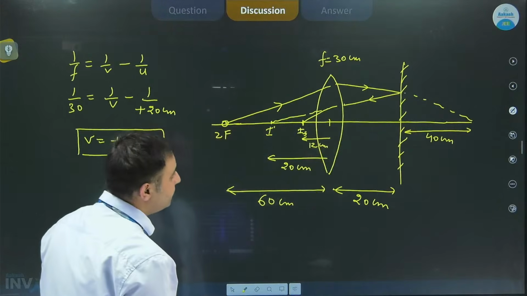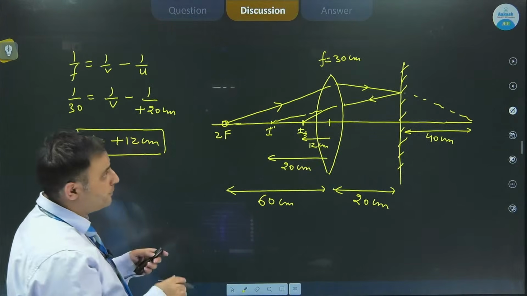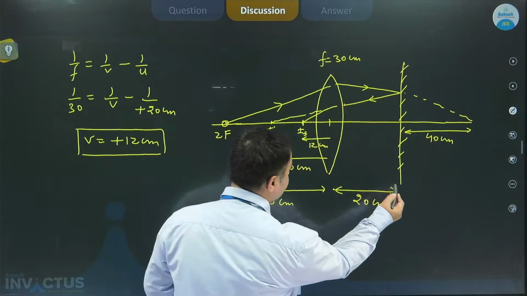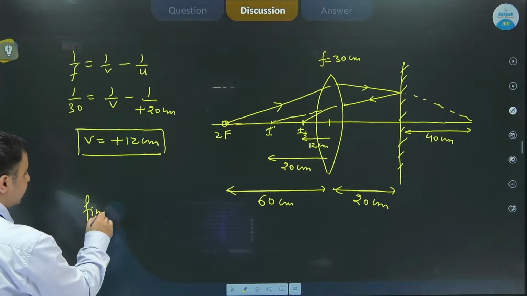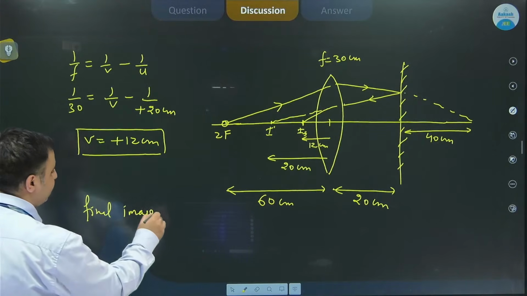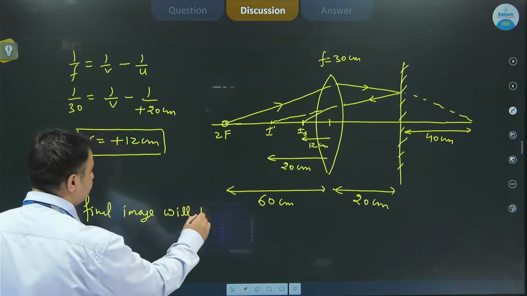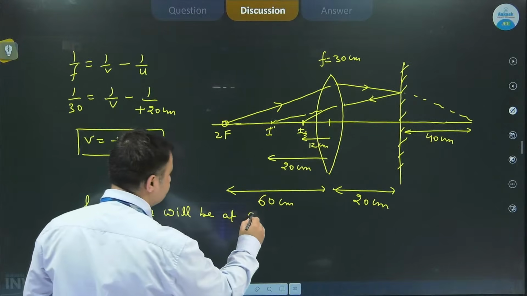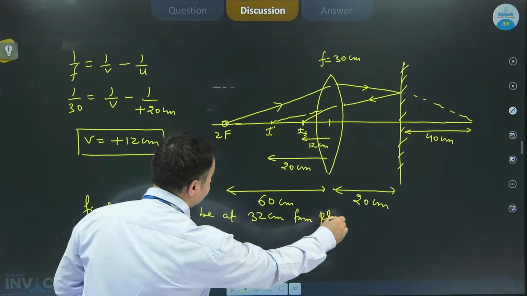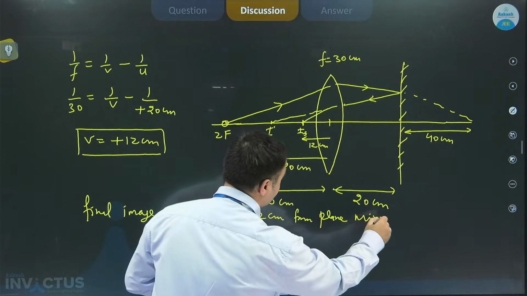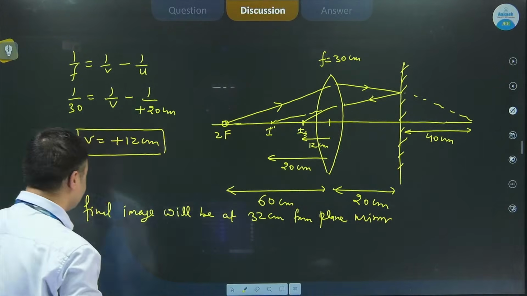Now we have to answer it from the plane mirror. So from the plane mirror, the image will be at 32 centimeter. So the final image will be at 32 centimeter from the plane mirror. And because an actual intersection is happening, this image is real.